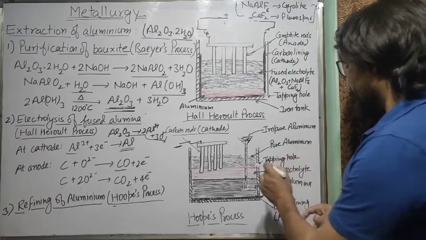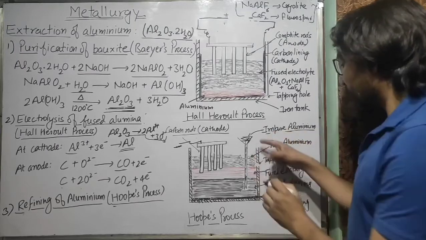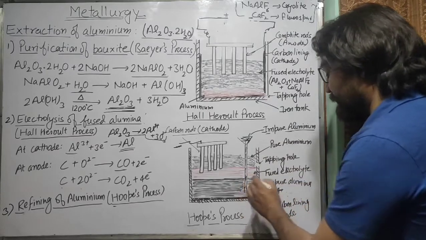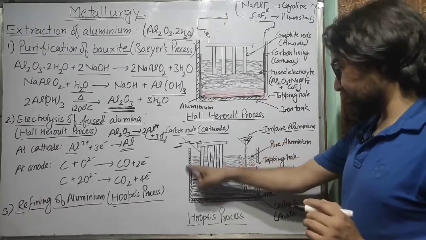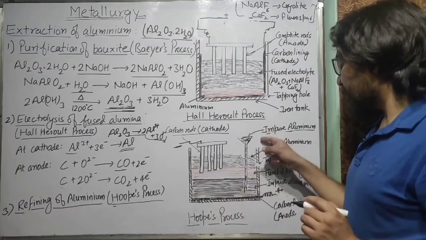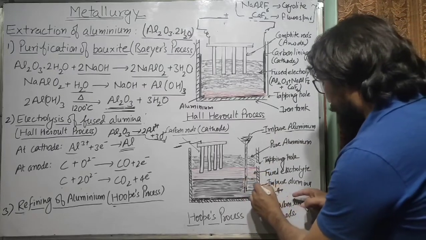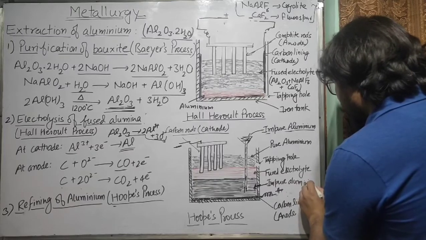Now we have impure aluminium. So we pour impure aluminium from the top and it will move to the bottom of the iron tank. So this is an iron tank. So the impure aluminium will move to the bottom. So this is impure aluminium.